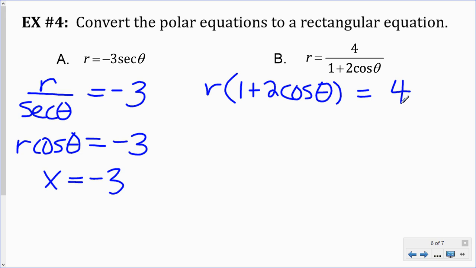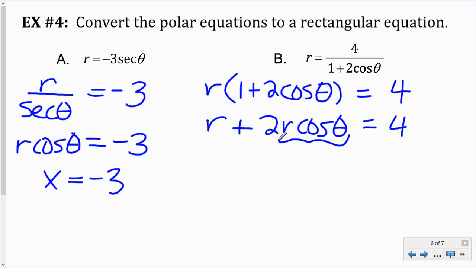Then I'm noticing if I distribute the r, I'll have r times cosine theta, and we know that equals x. So we'll get r plus 2 times r times cosine theta equals 4. And then I know I can replace r cosine theta with x. So this will be r plus 2x equals 4.